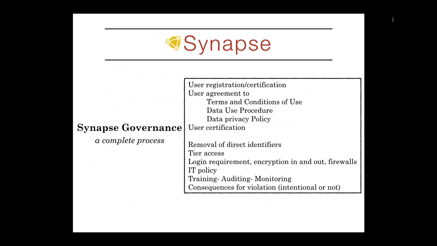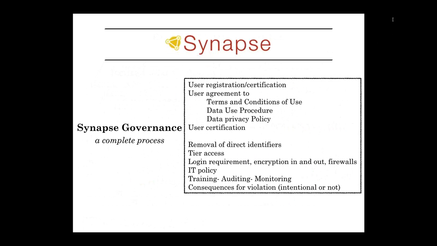So because we work primarily in biomedical research, on top of access controls, we also have a governance process. All users agree to certain terms and conditions, essentially saying that they understand basic rules about, for instance, HIPAA and identifiability of data.